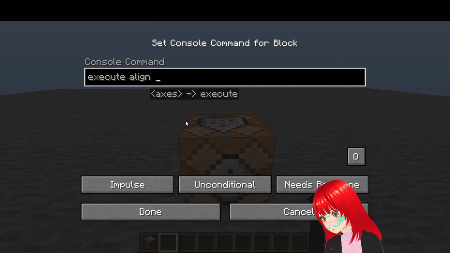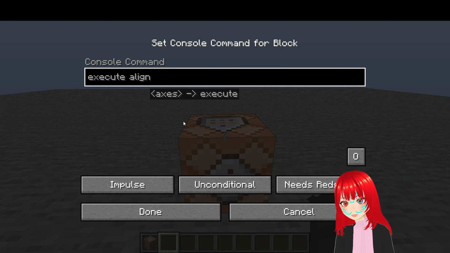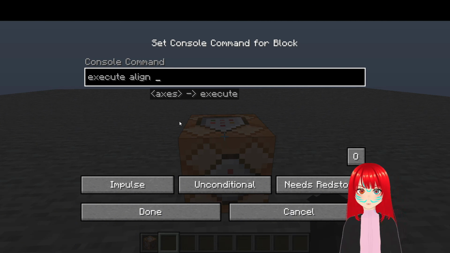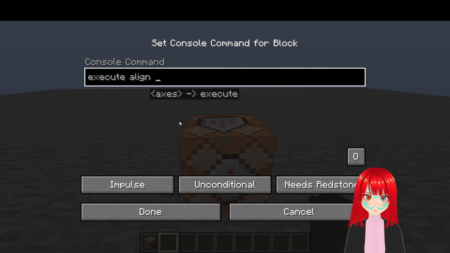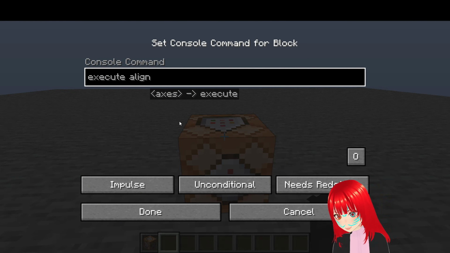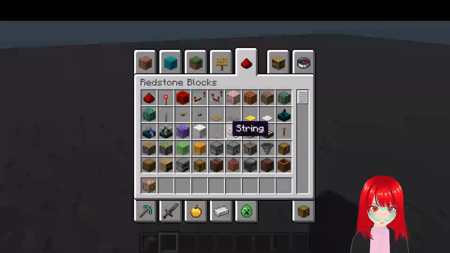But okay, so there's align. So axis, right? That's like aligning to something else. Okay, so how do I explain this?